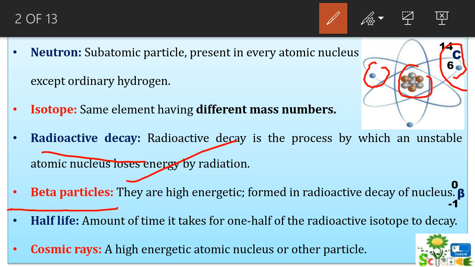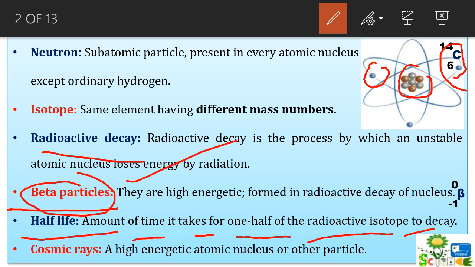There are various other forms, one of the forms is the beta particle. The time required to lose half of the material is called half-life. The amount of time it takes for one half of the radioactive isotope to decay is called half-life.